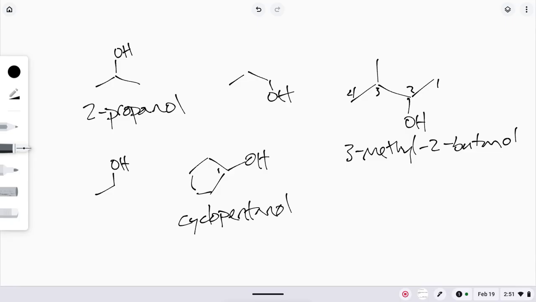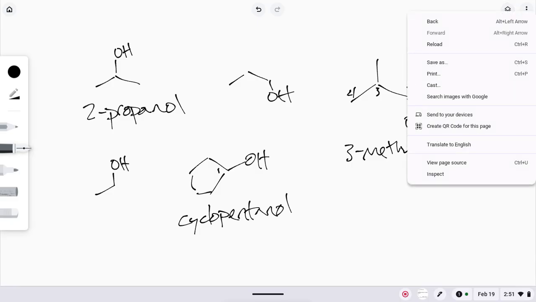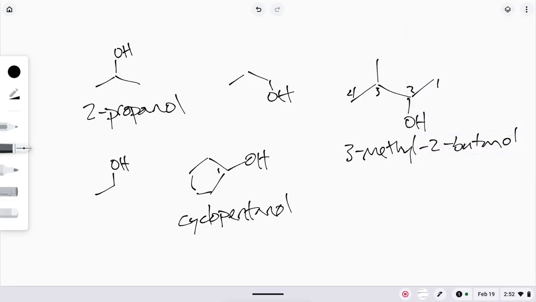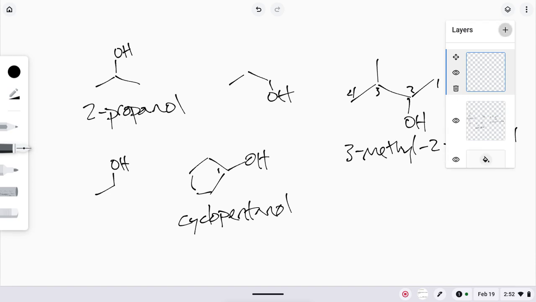So then the next idea is that technically, there's also classification of alcohols. So it would be the next slide in the notes.